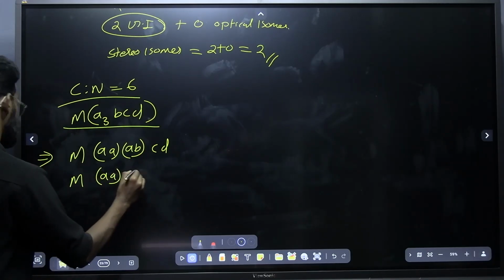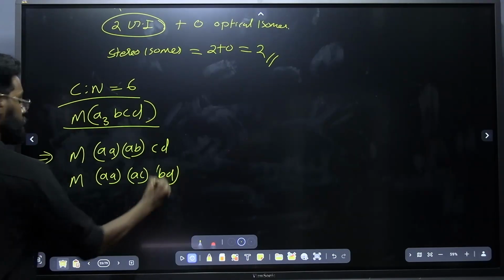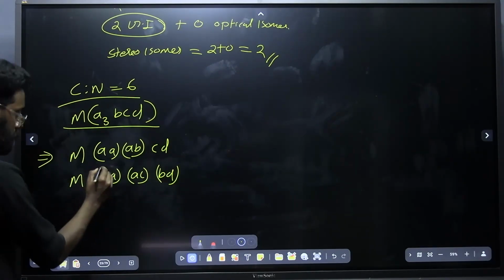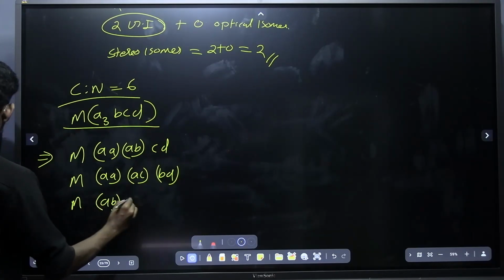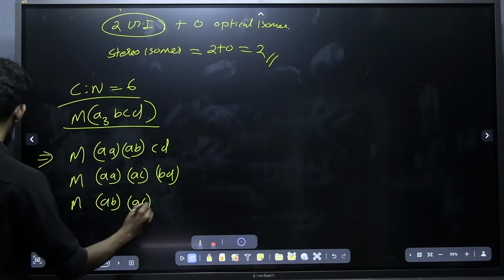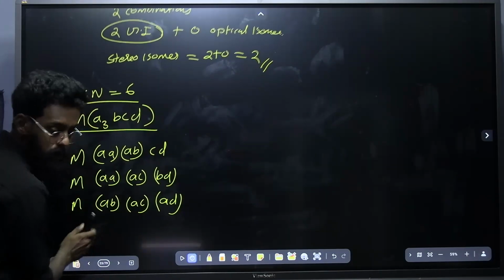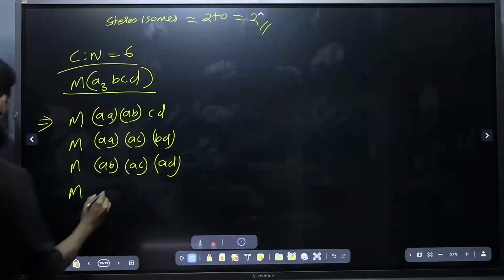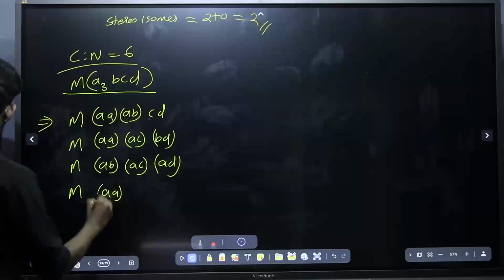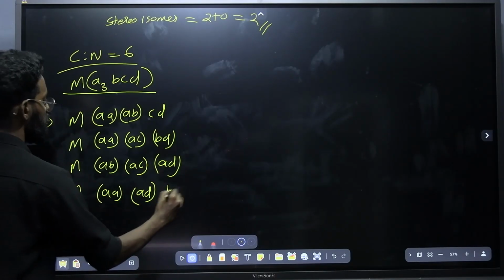MAA, then AC, then BD. Any other pair is possible? MAB, AC, then AD. Any more pair is possible? Check it. MAA, then AD, then BC.